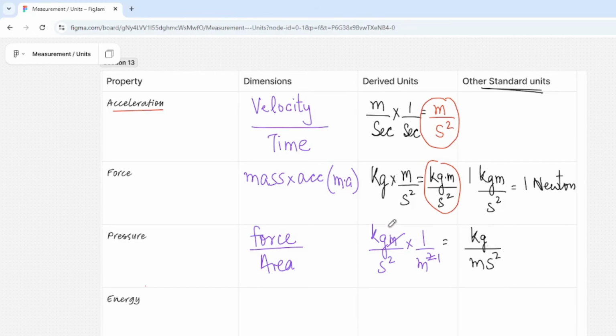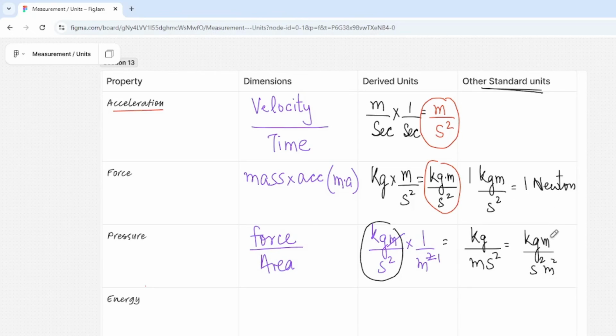So this is kg meter per second square divided by meter square. So we can write it as kg meter per second square divided by meter square.